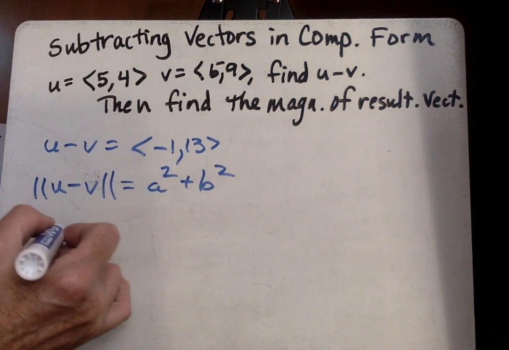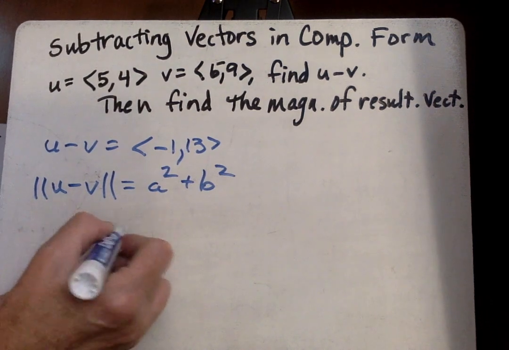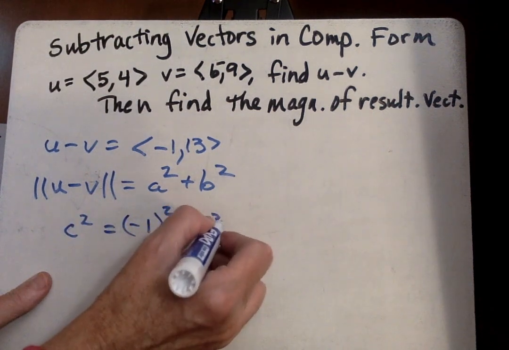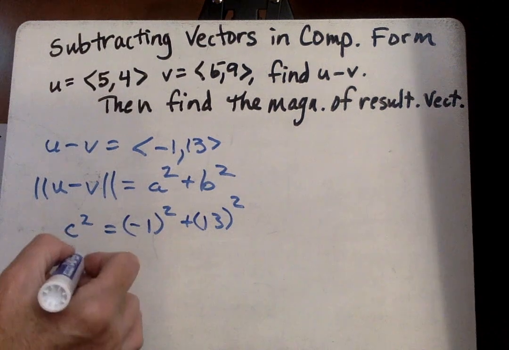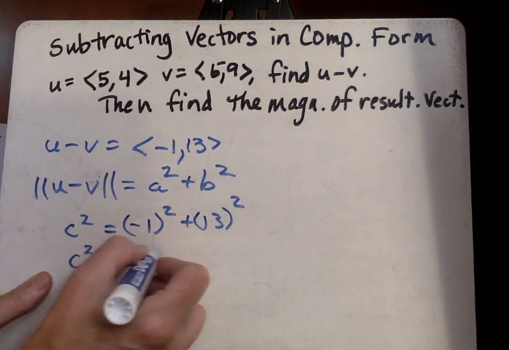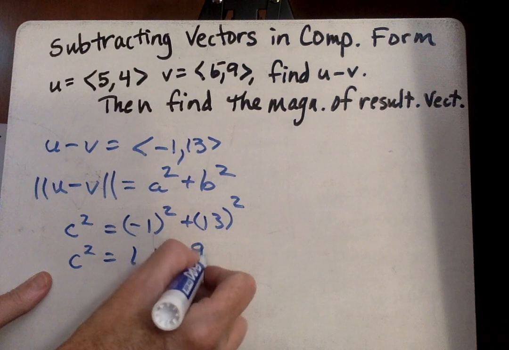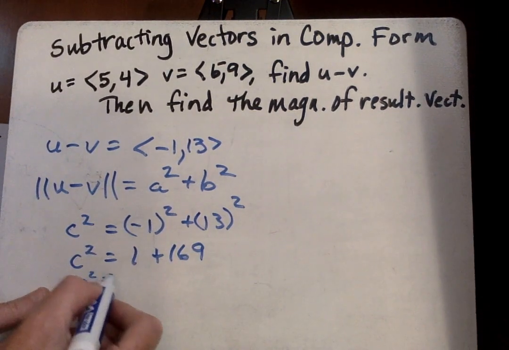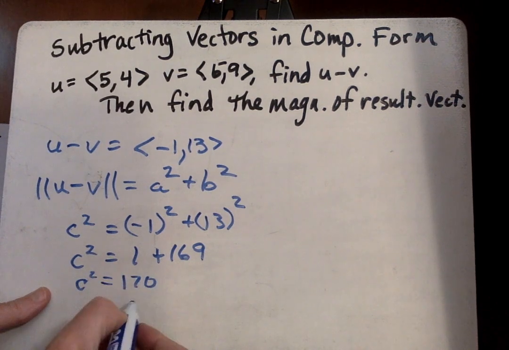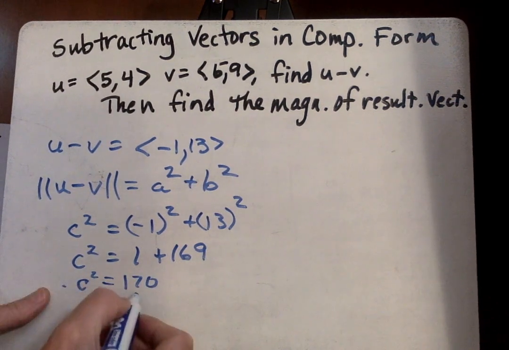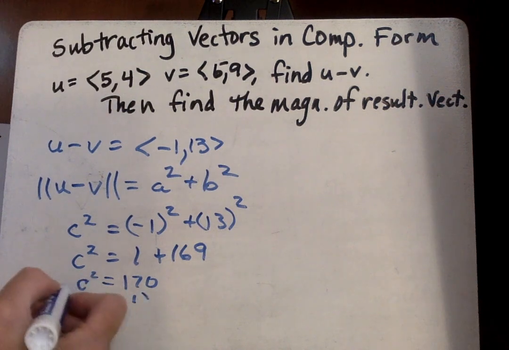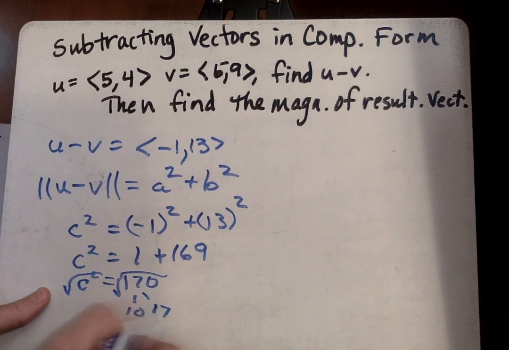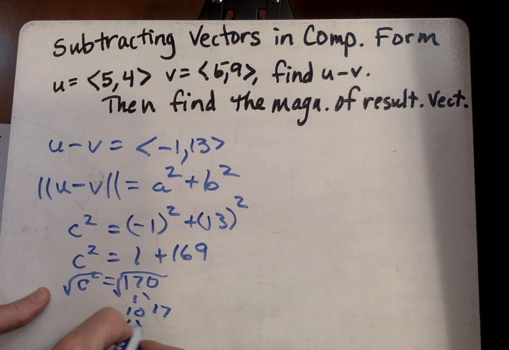So c squared equals -1 squared plus 13 squared. Okay. And then c squared equals 170. And that breaks down, I'm going to see if I can take the square root of that. 10 and 17, 5 and 2.